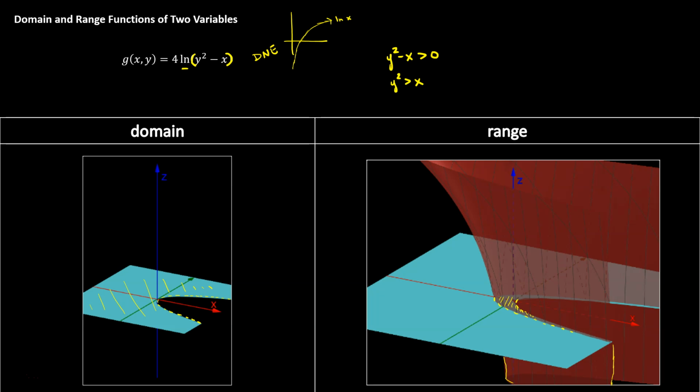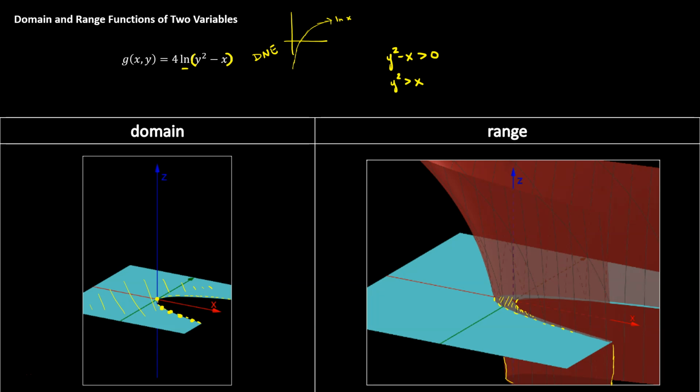So for this purpose, to find the range, what we need to do is think about what domain points are going to give us the smallest z value. And those are the points that would exist along this cutout parabola. So if I pick any one of these points, maybe the easiest point to pick would be the origin, x equals 0, y equals 0.